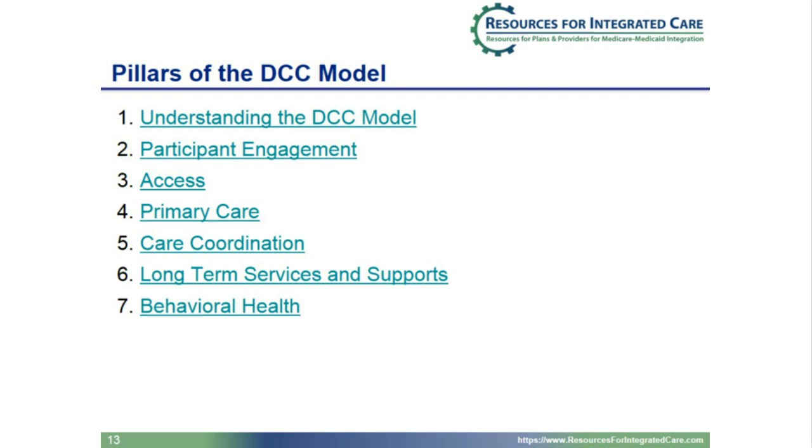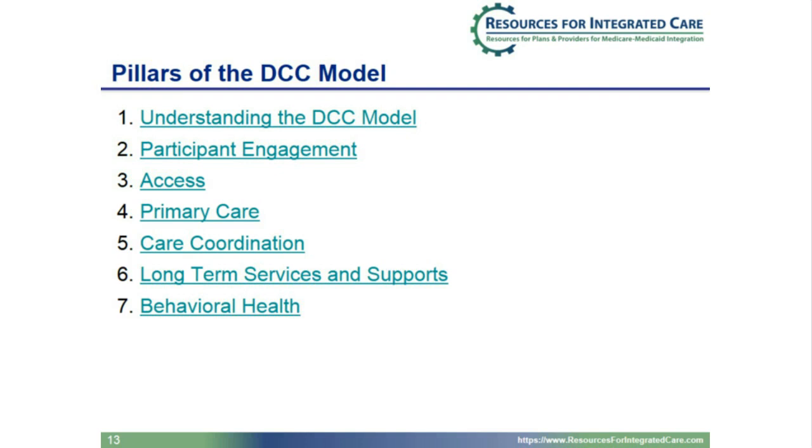The fifth is care coordination, which is the means through which the participant is supported in developing and implementing their comprehensive plan of care. The art of care coordination is knowing when and how the participant needs support and assistance in getting their needs met.